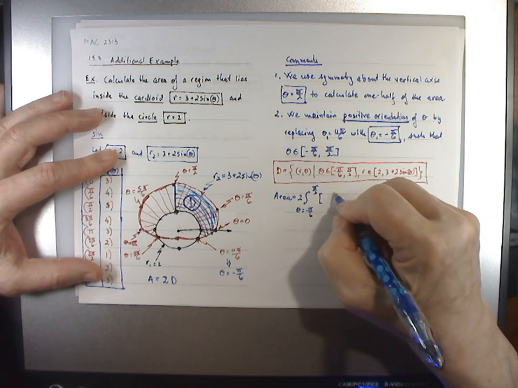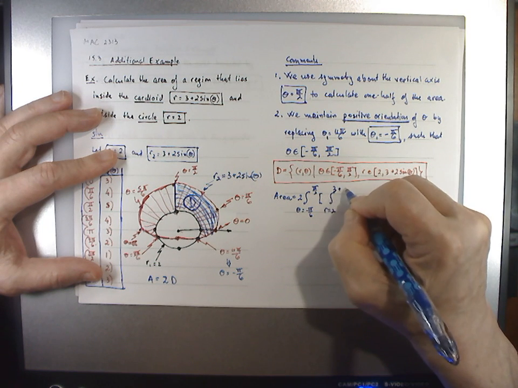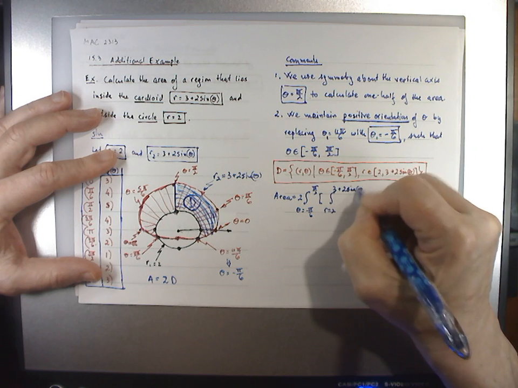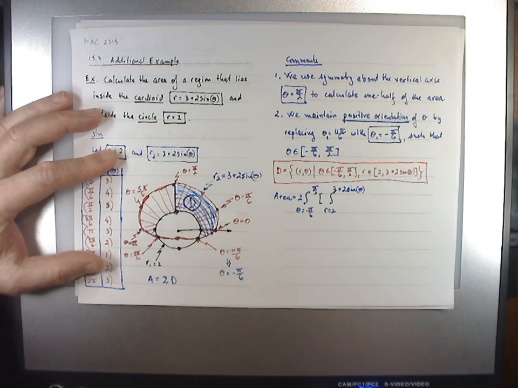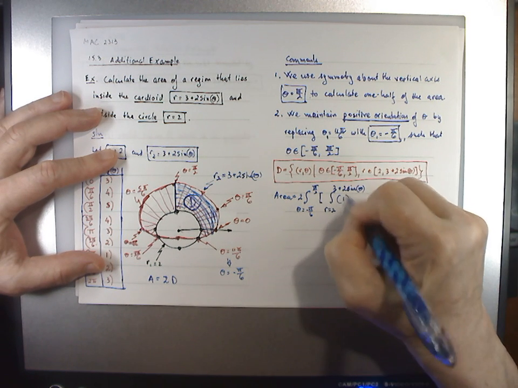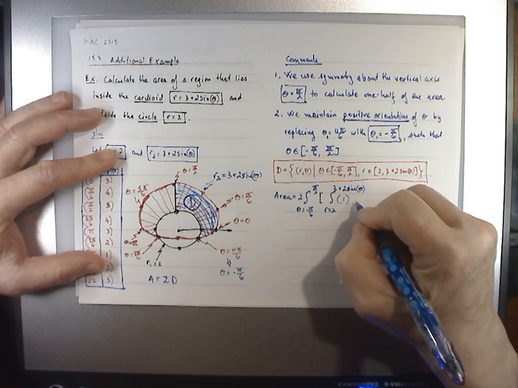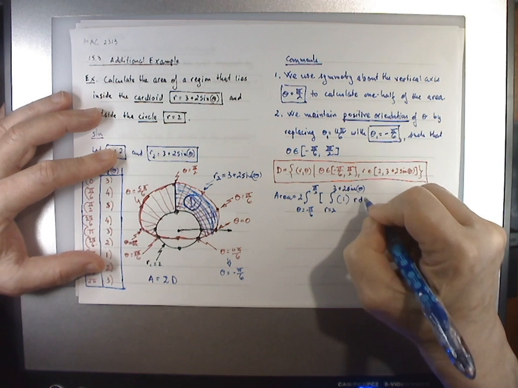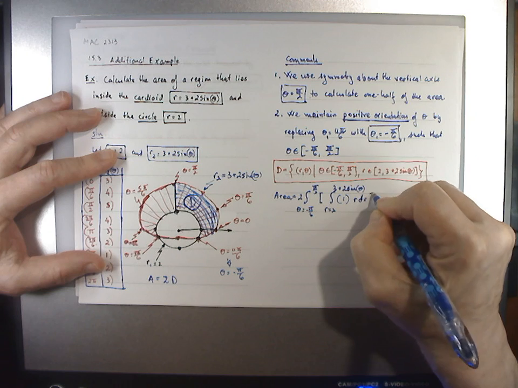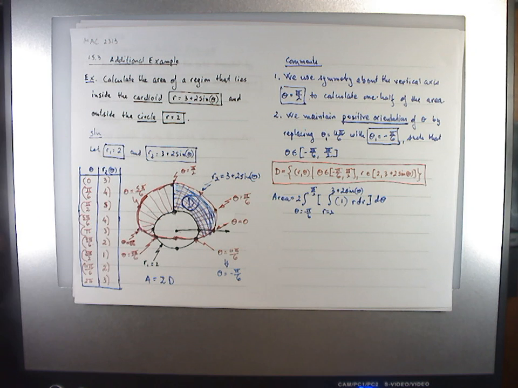So r runs from 2 to 3 plus 2 sine theta. When we integrate the area, we integrate 1. Remember, we integrate dA, and dA is r dr d theta. So r dr will be part of the inner integral, and then we close the bracket and we integrate d theta outside.